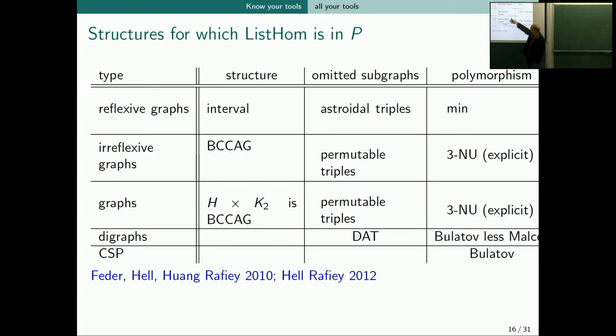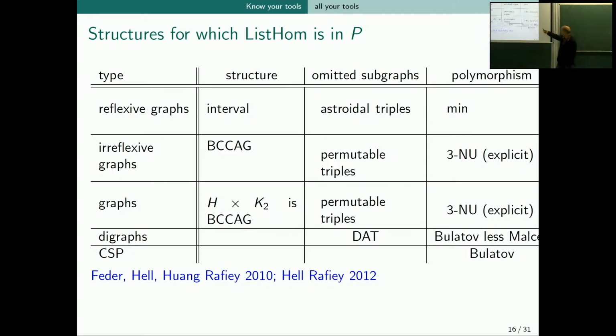But with this new omitted subgraph characterization, they get an explicit 3NU. And why this is interesting to me is, well, this was actually Siobhan's master's thesis. We did this, and then we found out later it was hidden in this digraph paper. So a big part of her master's thesis was already done in this paper here. But we use these, so we're also going to use these in a second.